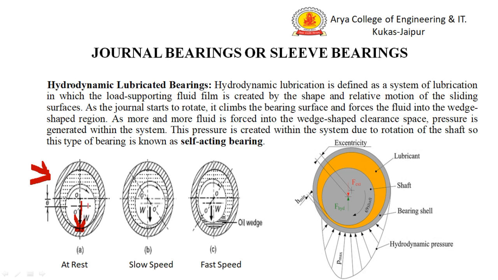As the journal starts rotating, it rolls up to the right, and as the speed increases, the journal forces the fluid into a wedge-shaped region. This is the wedge-shaped region.